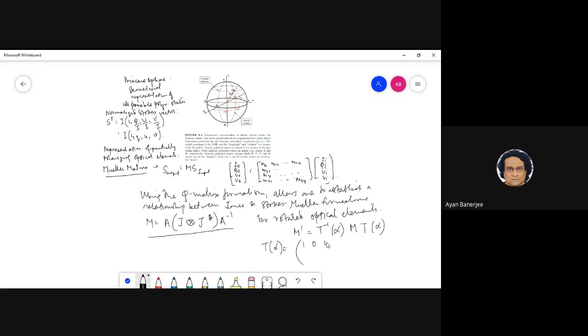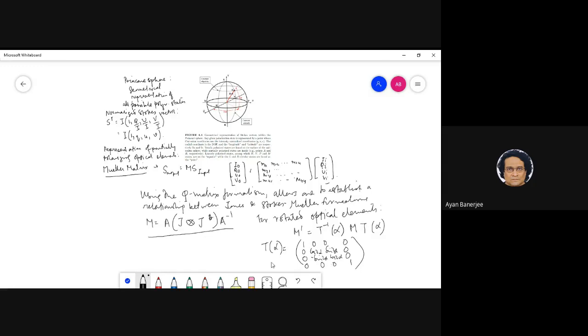1 0 0 0; 0 cos 2 alpha sin 2 alpha 0; 0 minus sin 2 alpha cos 2 alpha 0; 0 0 0 1.